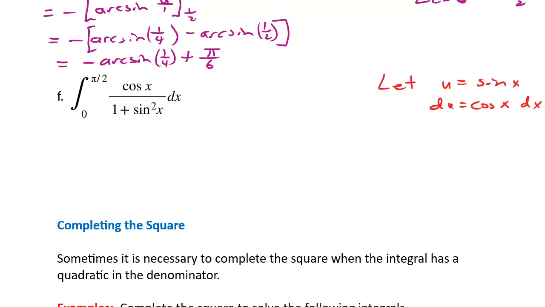Okay, so we could rewrite this as the integral of 1 over 1 squared plus u squared du. Okay, so this is the one that is for arctangent.